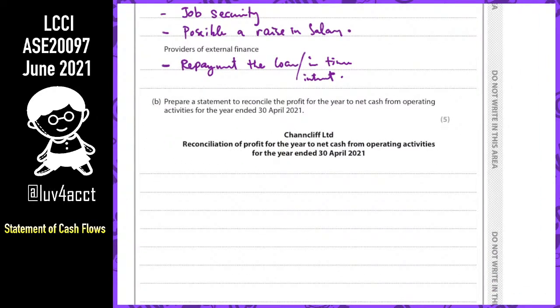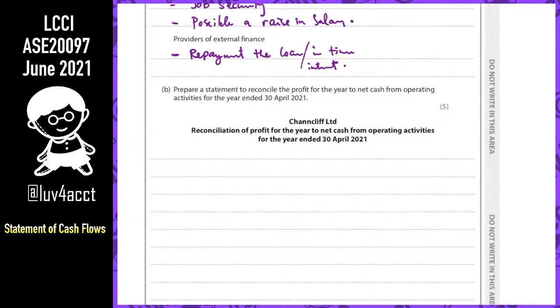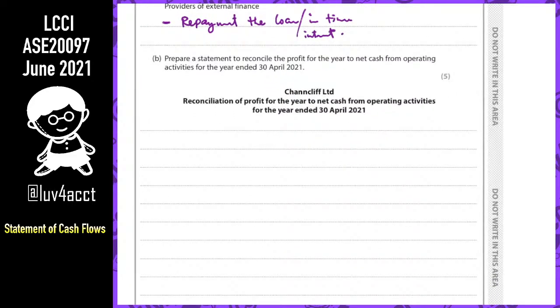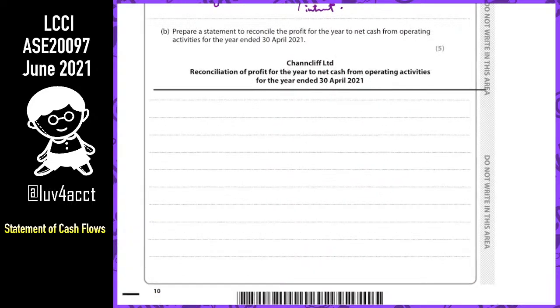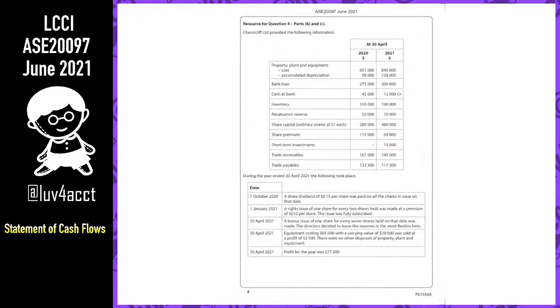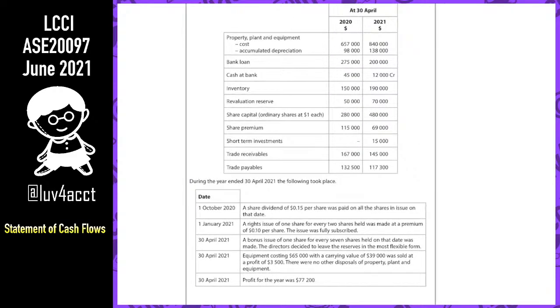Now, the statement of reconciliation of profit to cash flow from operating activities. Let me draw the format first. 2 columns would be enough. So let's see what we have.